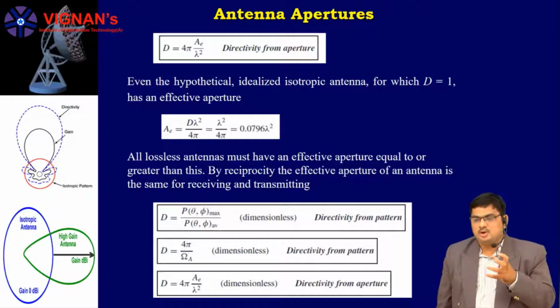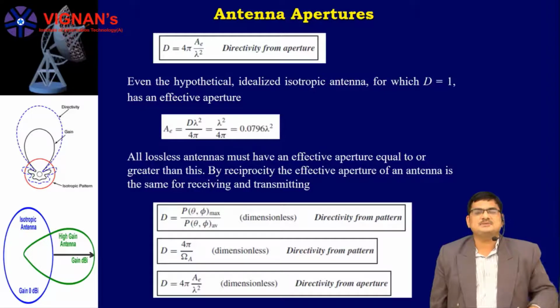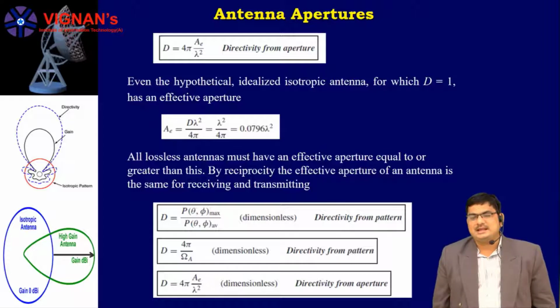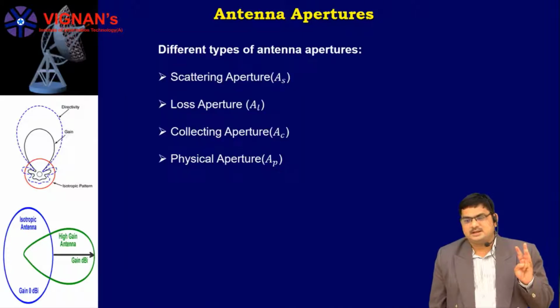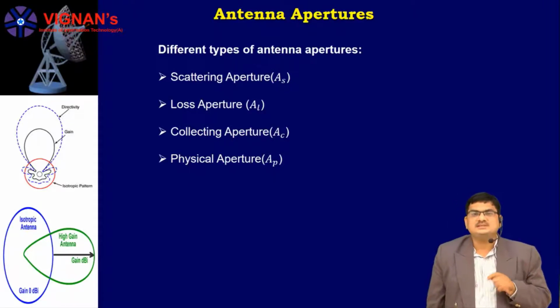There are different types of apertures: scattering aperture AS, loss aperture AL, collecting aperture AC, and physical aperture AP. What is the scattering aperture?